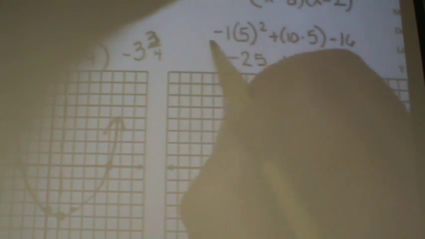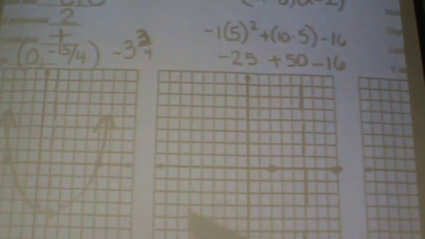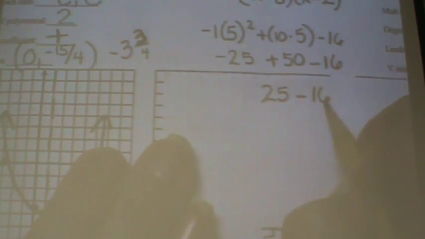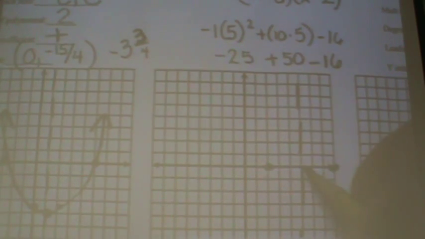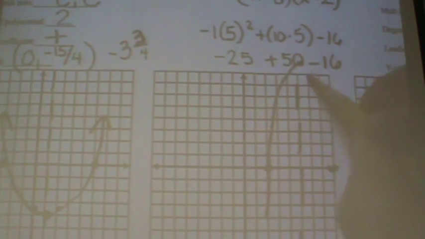So negative 16 plus, 25 minus 16 is 9. So where's my vertex? It's 5, 9. 1, 2, 3, 4, 5, 6, 7, 8, and we're kind of off the page here, off the graph.